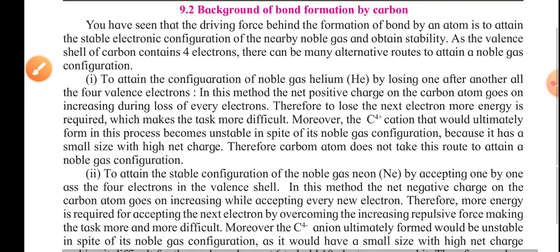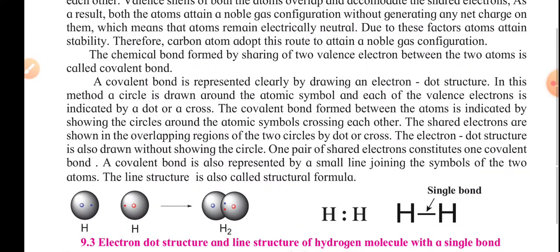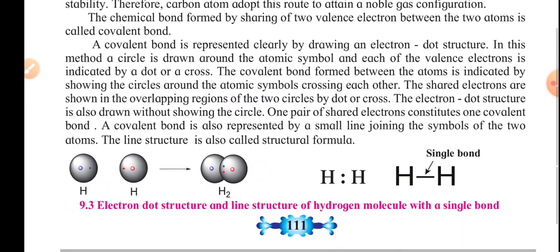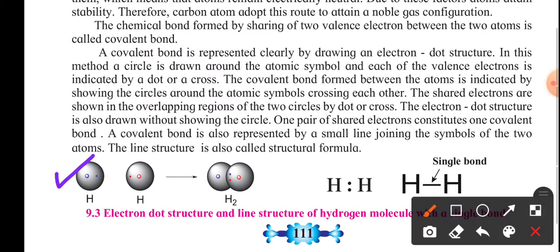When we talk about carbon compounds, they form covalent bonds. The example given is hydrogen, which shares an electron. Ionic bonding and covalent bonding we have already stated in a previous standard.